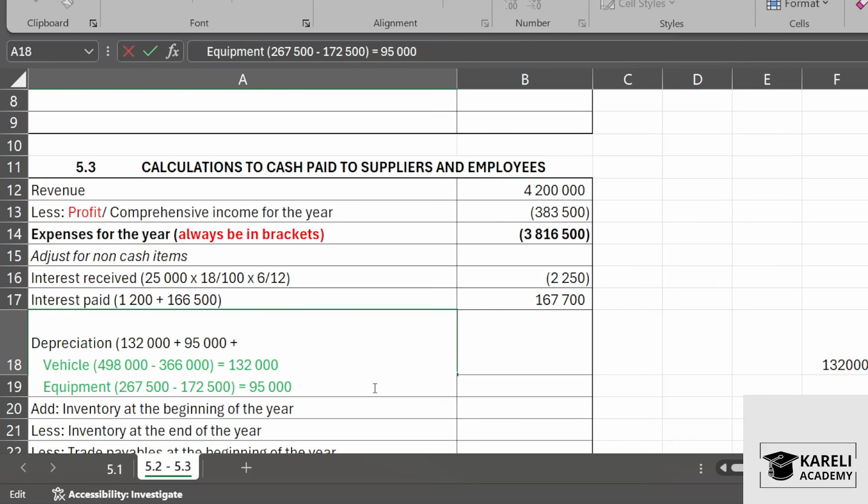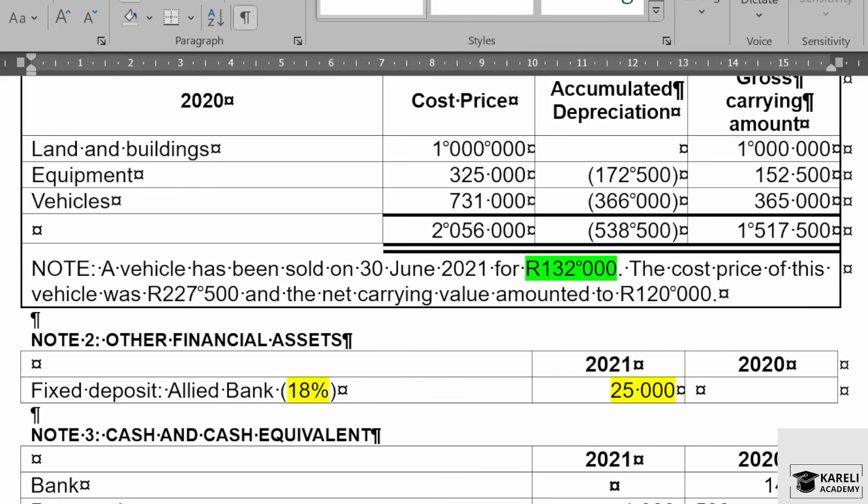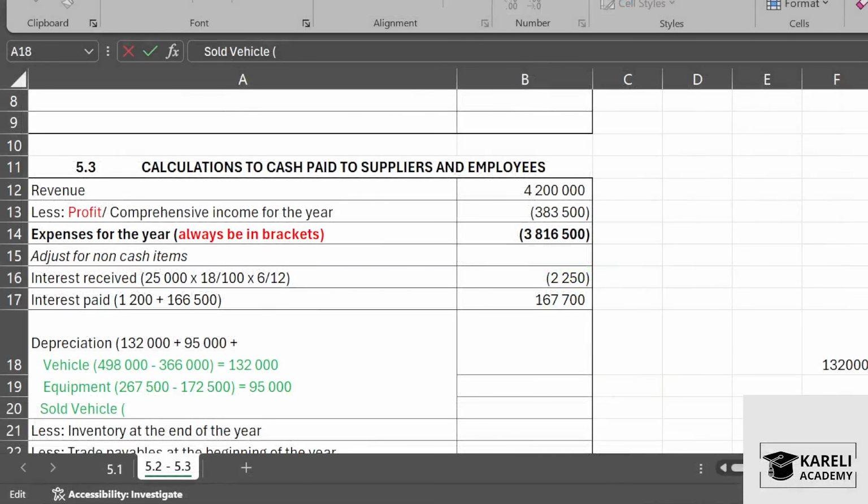Now let us indicate it as sold vehicle. We take the cost price. How much is the cost price? The cost price is on the question paper, 227,500 minus 120,000.